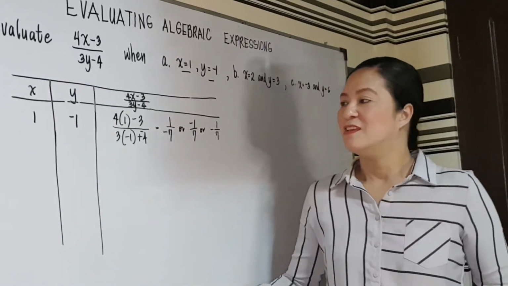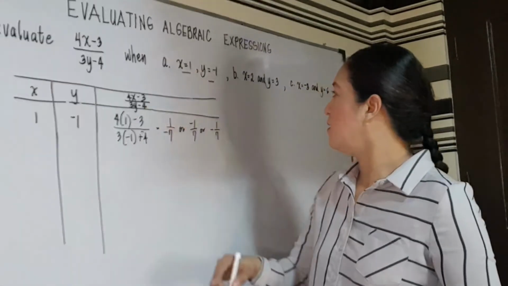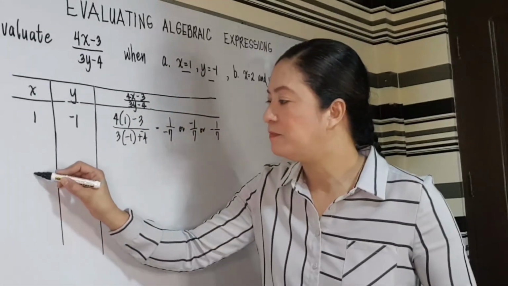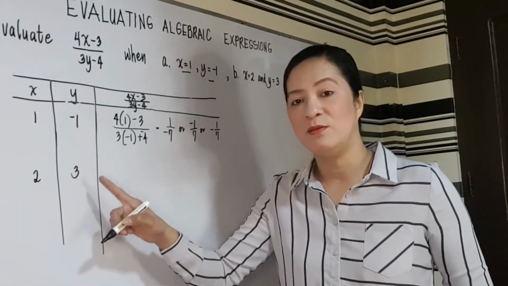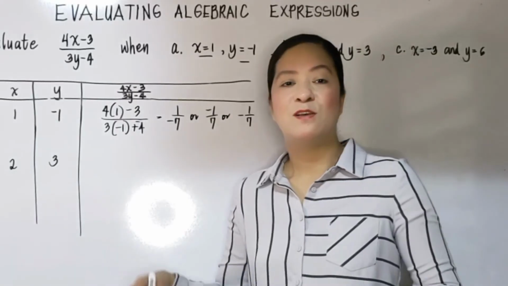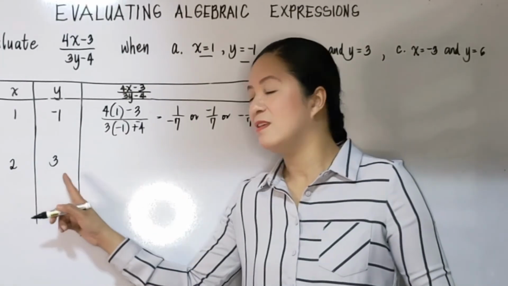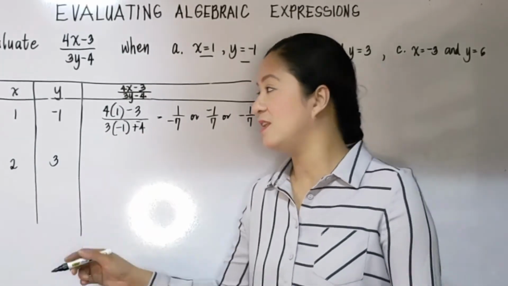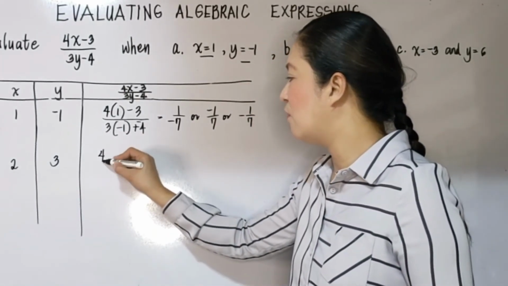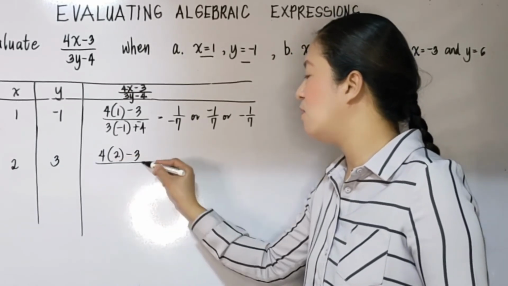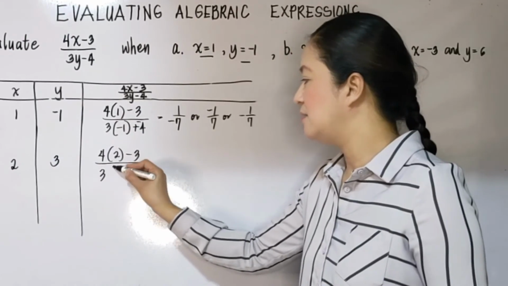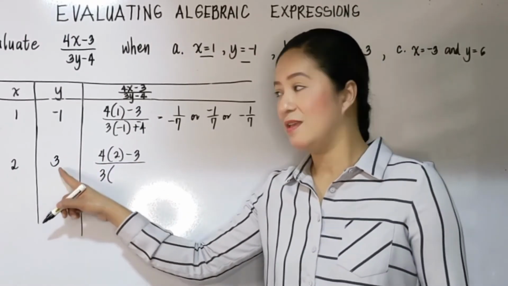Okay? So, how about for letter B when x is equal to 2 and y is equal to 3? So, substituting them to the given expression, so we have 4 times 2 minus 3 over 3 times y, which is 3.